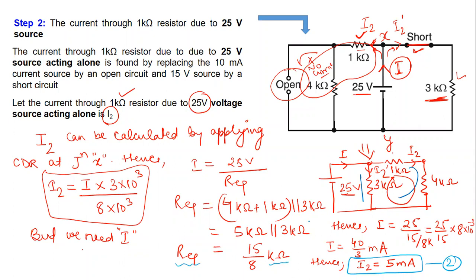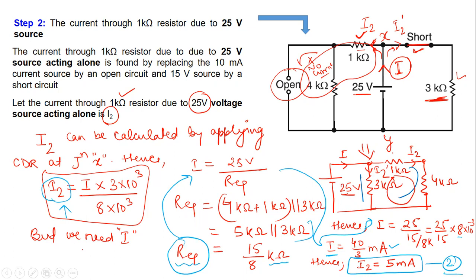Then by substituting this value of R equivalent in this equation, we will get the value of I here. I is equal to 40 by 3 milliampere, and when we substitute this I in the equation for I2, the value of I2 is 5 milliampere. So this is equation number 2.